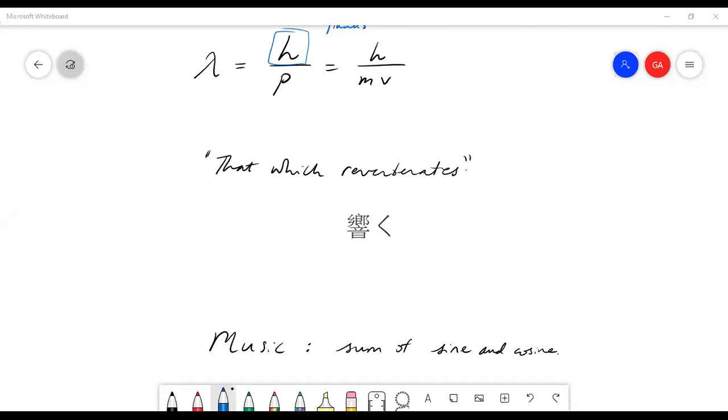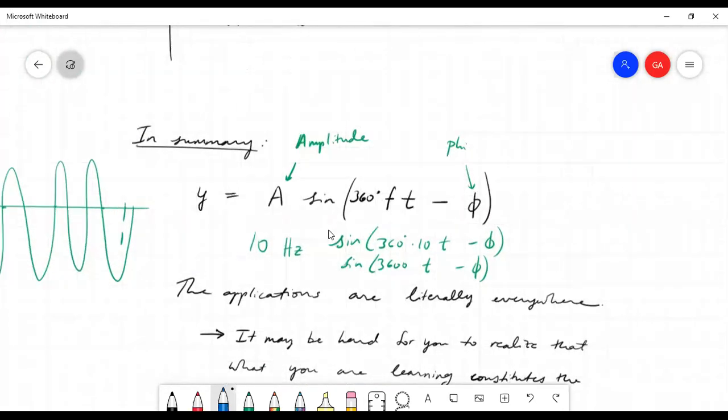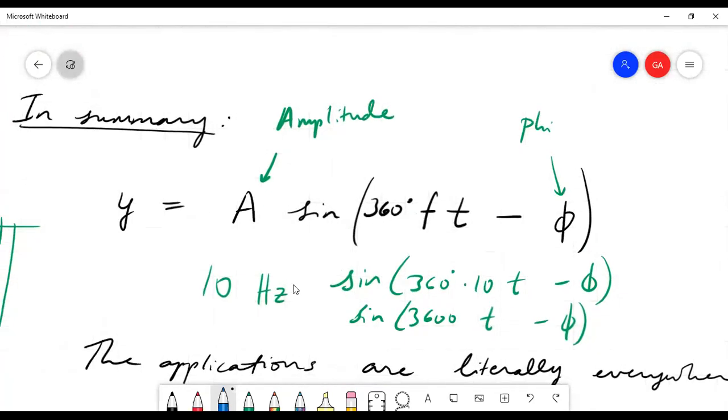Wait, what is the first one? Oh, I was asking if it was the first link or the second one.